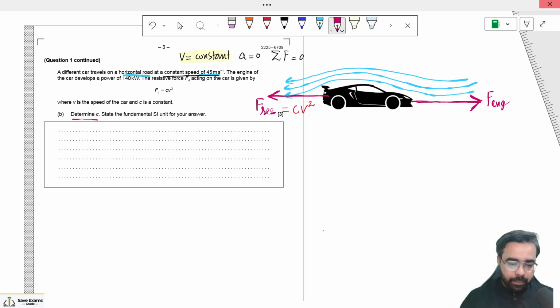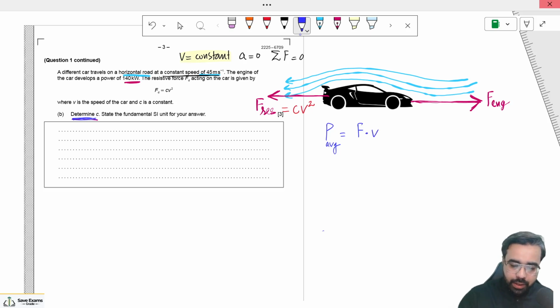Now, what power are we continuously providing by the engine to maintain this state of motion? That is 140,000 watts. And in this question we have to determine C. Now, how can we relate the power with the force? If a car, a boat, or any object, despite the resistive forces, is moving at a constant speed, then the average power is equal to the product of the force and velocity.